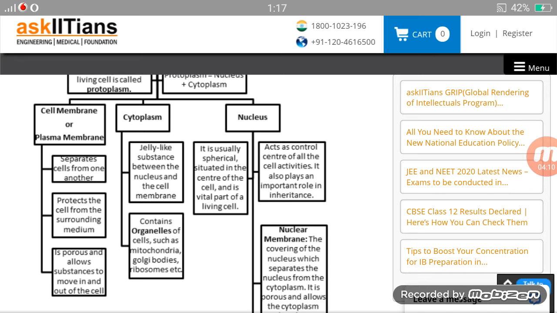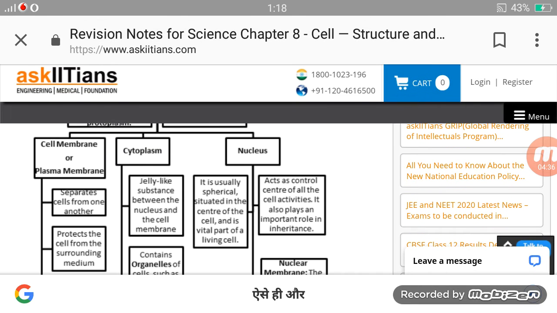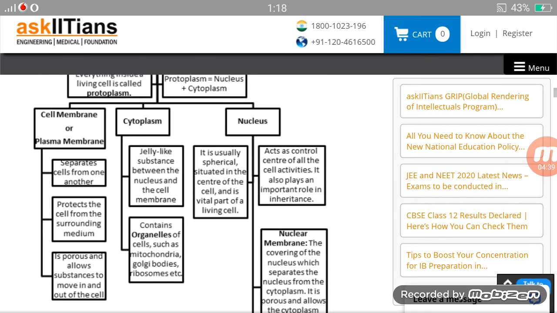The cell membrane is porous and allows substances to move in and out of the cell. Also, the cell membrane is a selectively permeable membrane. You can note my words. I am repeating again: the cell membrane is a selectively permeable membrane, meaning it controls the entry and exit of selective molecules inside and outside the cell. If you have to define the cell membrane in one or two sentences, then you can write this definition.